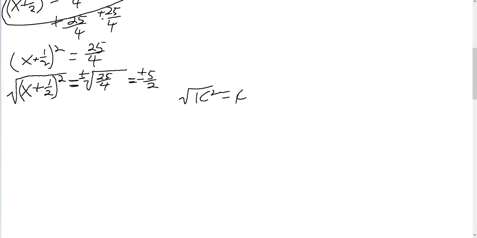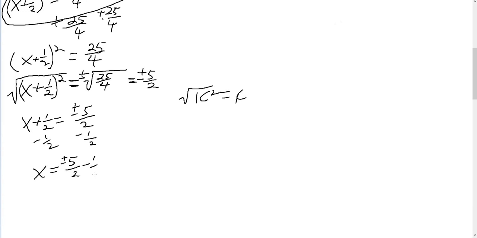So when we take the square root of this, we are left with just plain x plus a half, without the squared, equals positive or negative 5 over 2. Subtract 1 over 2 from each side. We get x equals positive or negative 5 over 2 minus 1 over 2.